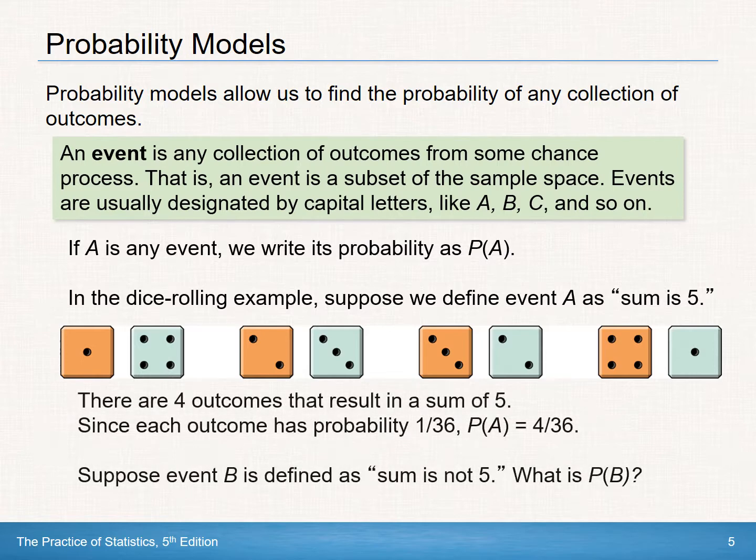So that means the probability that event A happens is 4 out of 36, which we all know hopefully would be 1 out of 9. If event B is defined as not 5, the probability of B is 100% minus 4 out of 36, which is 32 out of 36. That's called the complement.